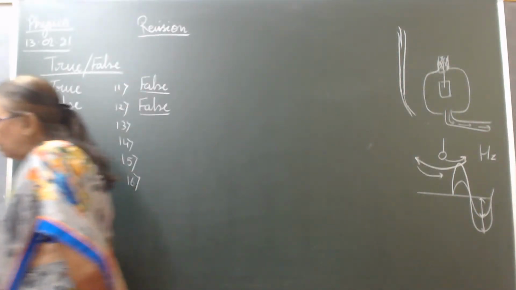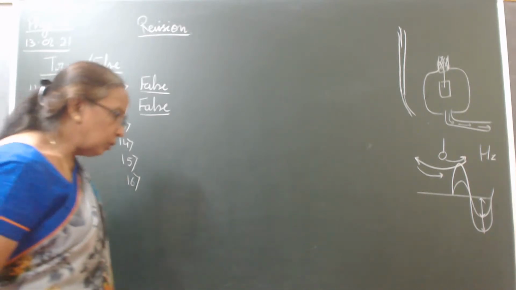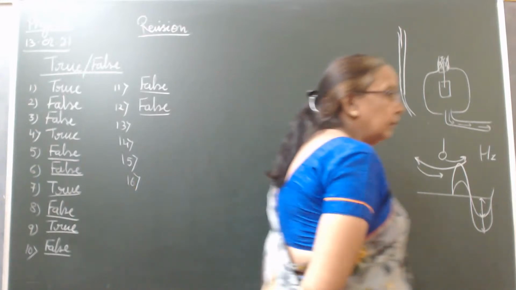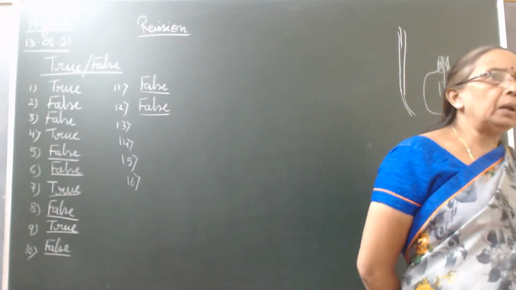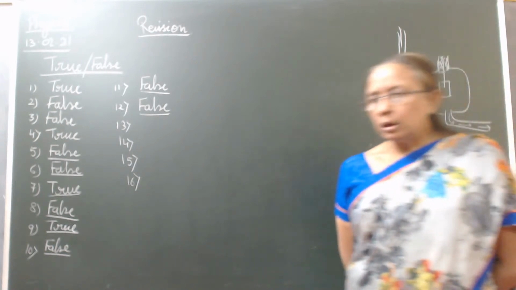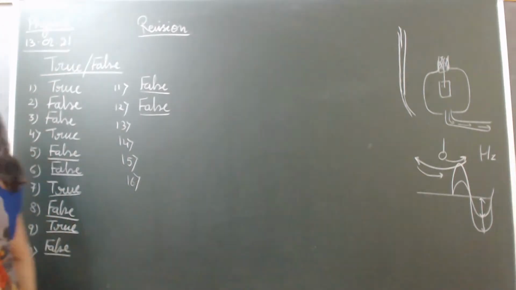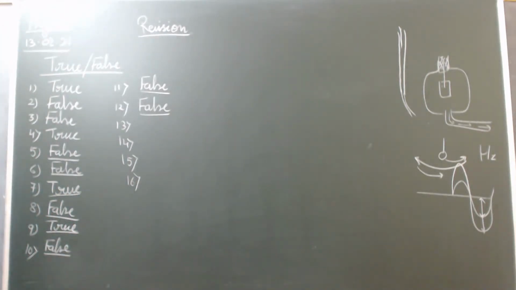There are 8 planets, and they are asking about the solar system. So in the solar system we can include all 8 planets, then asteroids, comets, but not the star. Here it is given that the pole star is a member of the solar system, so it is false.